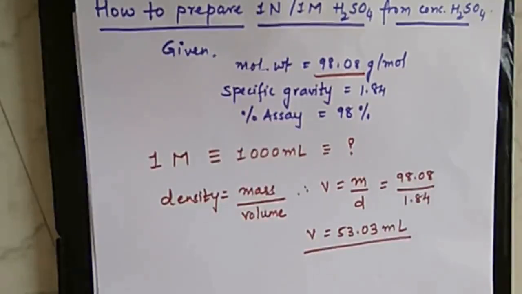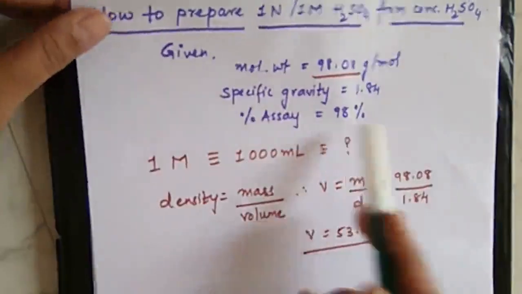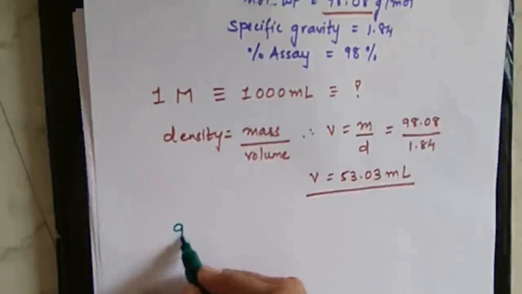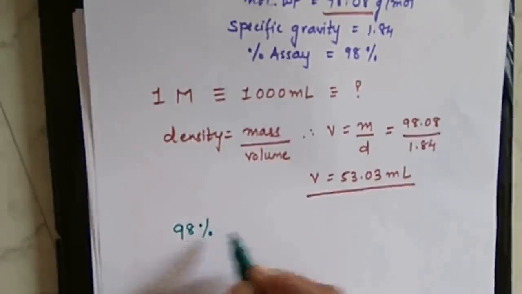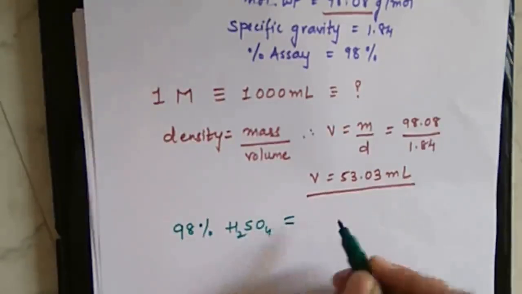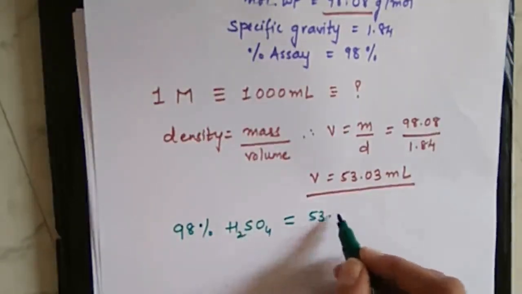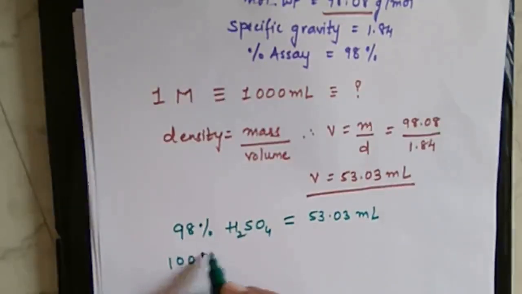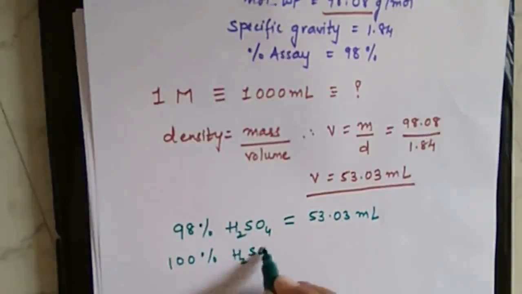Now this much volume, it is contained in, we say, 98% assay. Okay, so we write here 98% of H2SO4 consists of 53.03 ml. Then 100% of H2SO4 will consist of how much ml?